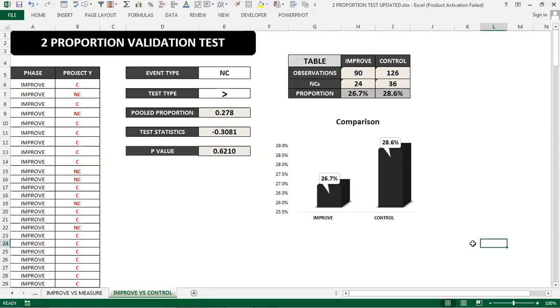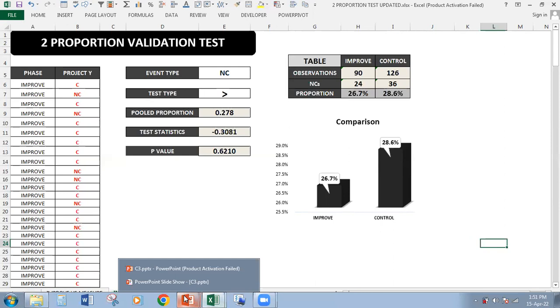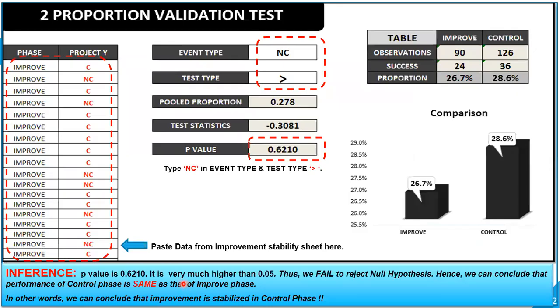So all I did is I just took a snapshot from here and I have pasted it in our template. So this is the data we do have. Here we pasted it, and that's it. This is what we need to do. So this is how we are going to prove that improvement is sustained or stabilized in a control phase.